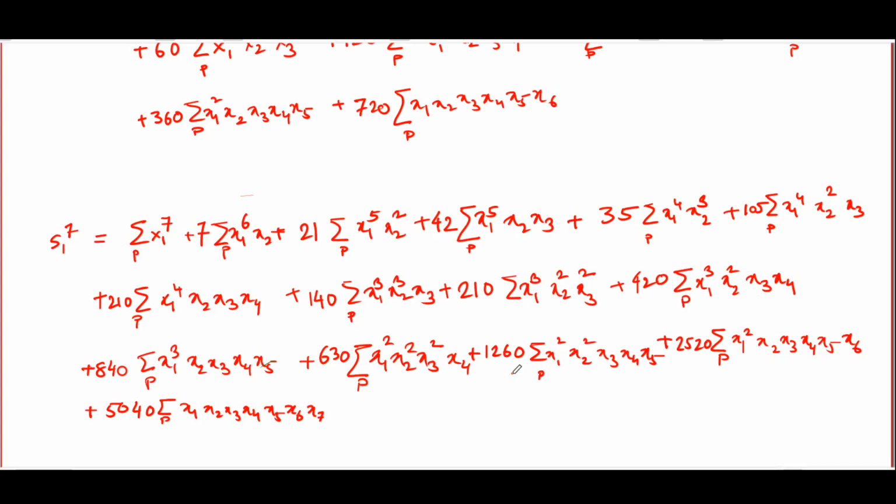Now, you might have, of course, thought of another approach. Instead of going from s1 to the power 1 to s1 to the 7 in steps like this, you could have calculated s1 square first, then squared that to get s1 to the 4. Multiplied s1 to the 4, s1 to the 2 and s1 to the 1 to get s1 to the 7.